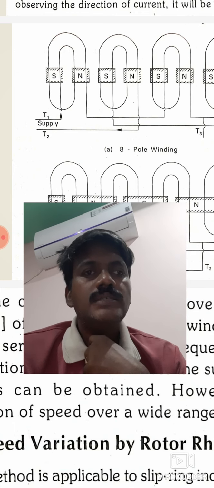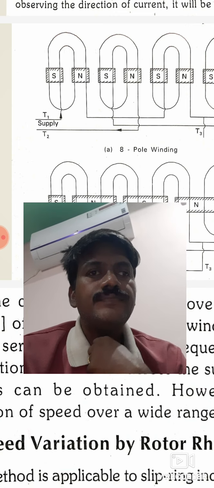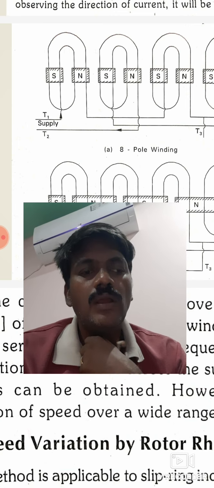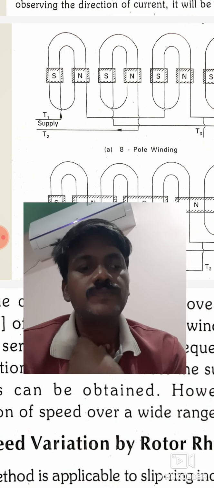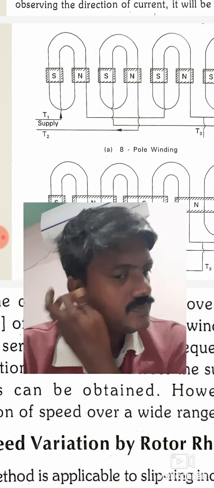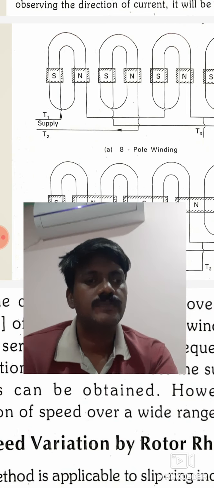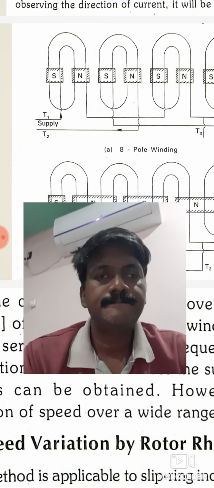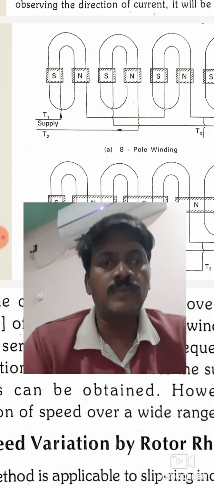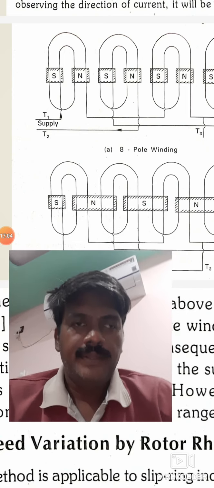Suppose T1, T2 are joined together, right?